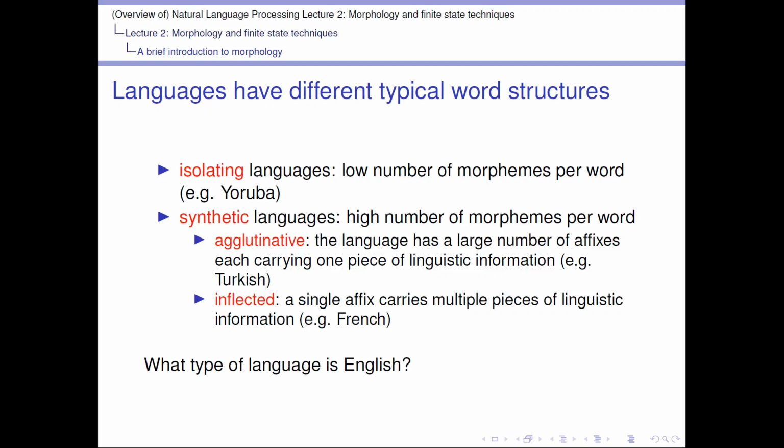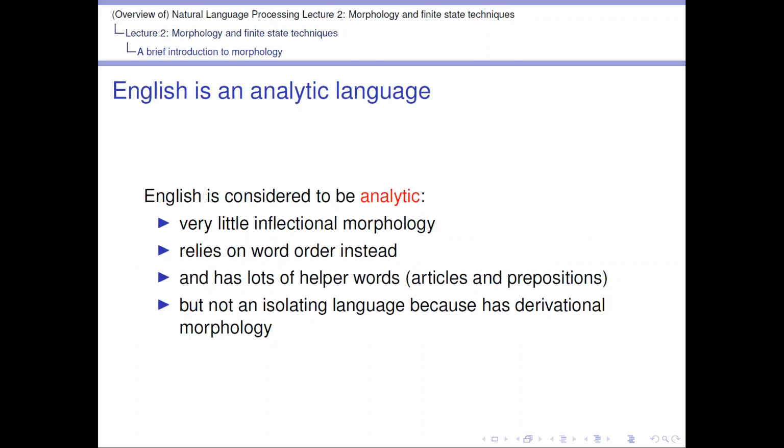So what is English? English is considered to be an analytic language. What does this mean? It's almost isolating. It's got very, very little inflectional morphology. I mean, the two things I put up, the S and the ED, what else have we got? ING, very little else. We have very, very little inflectional morphology at all.